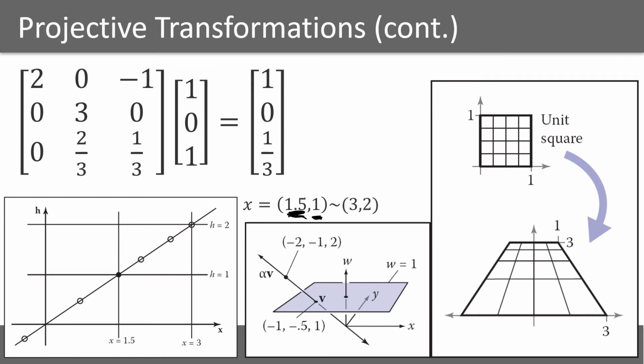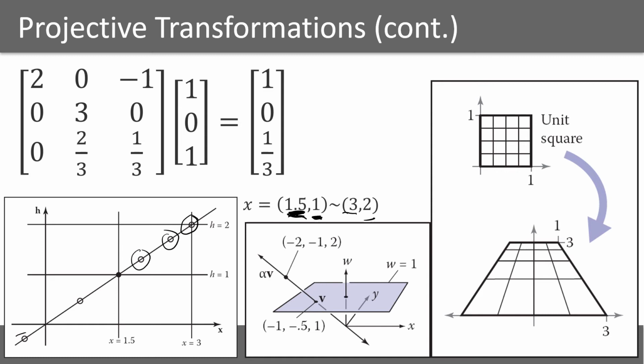And through this machinery of homogeneous coordinates, we will say that this point is equivalent to a point 3, 2. So this point is equivalent to this point, but also this point, and also this point.